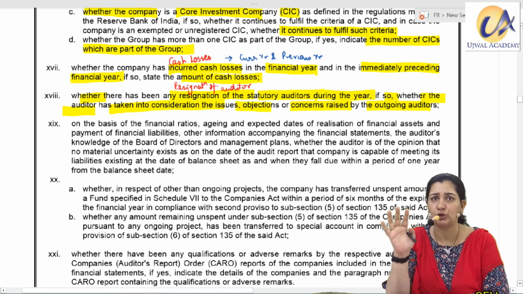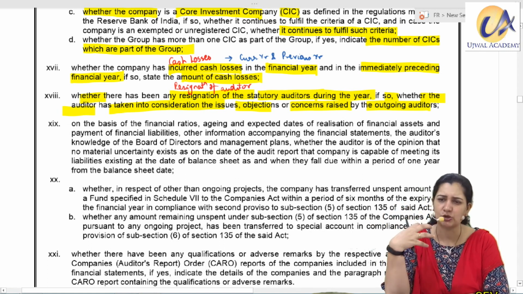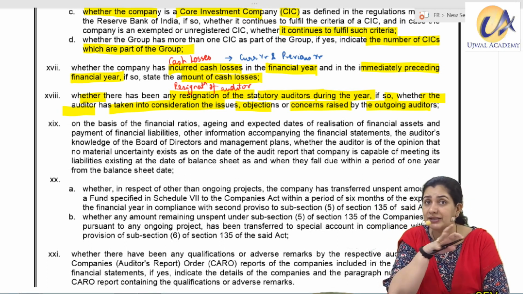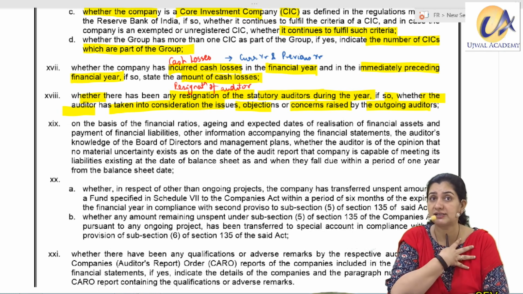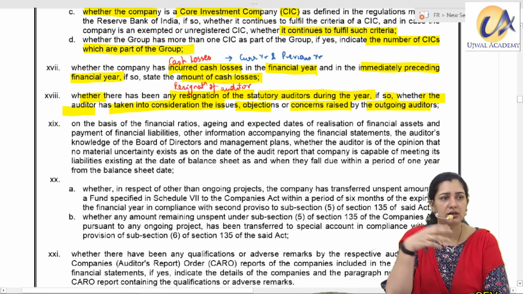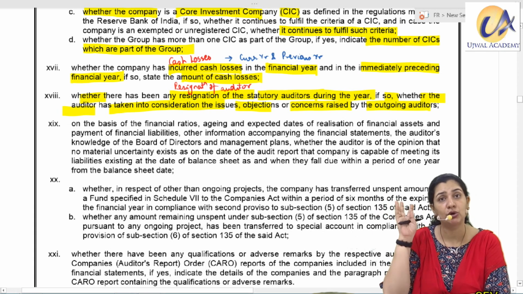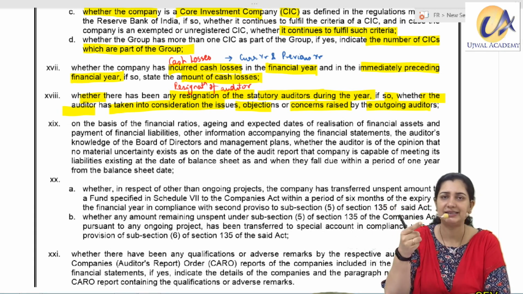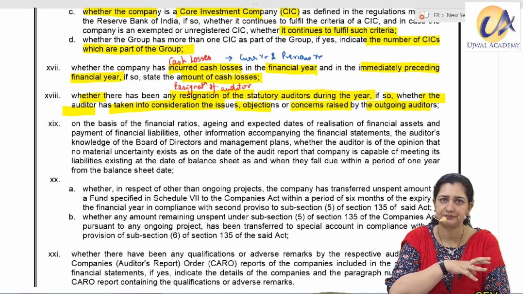So they have resigned, we know. Okay, but when you came in picture, did you consider his objections, his suggestions, his problems, what he had faced? Did you consider that? So this is a big responsibility on us. We can't just, someone has resigned and suddenly I take it up. We have got extra responsibility in CARO also now. Okay, so NRCR, these are my points.